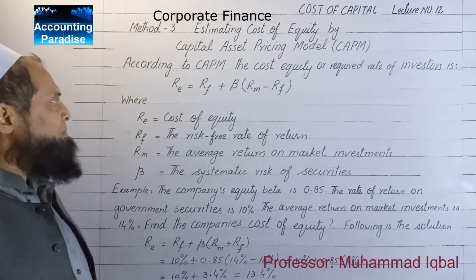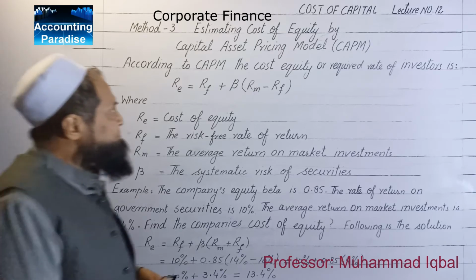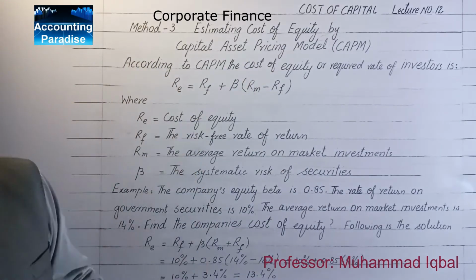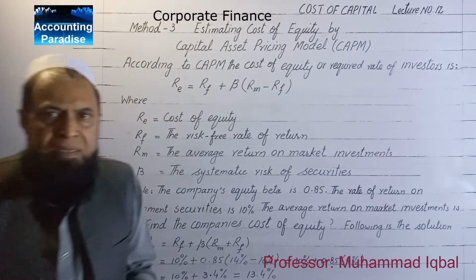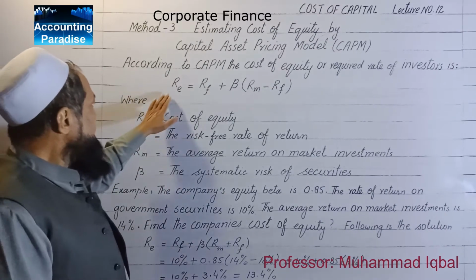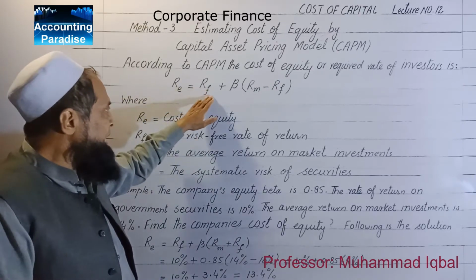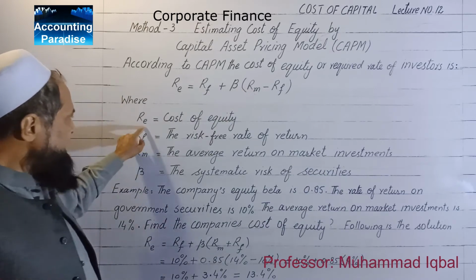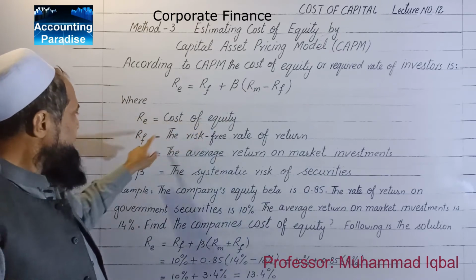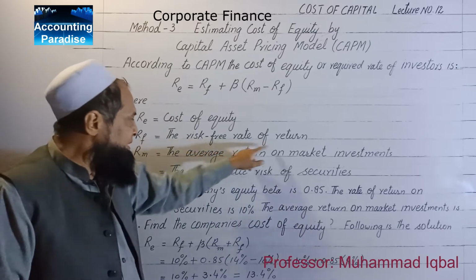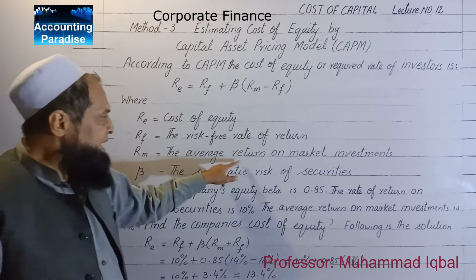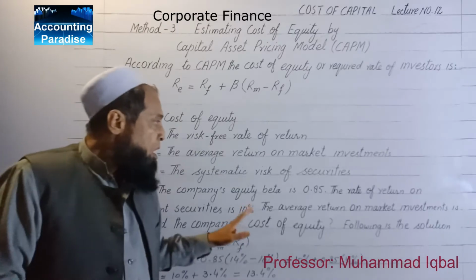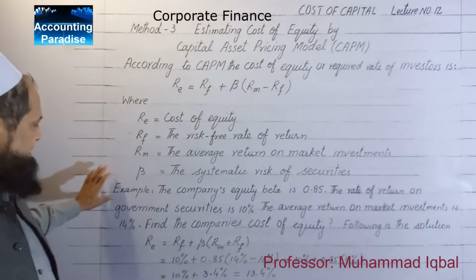According to CAPM, the cost of equity or required rate of investors is RE is equal to RF plus beta into RM minus RF, where RE is the cost of equity, RF the risk-free rate of return, RM the average return on market investments, beta is the systematic risk of securities. Here is an example.